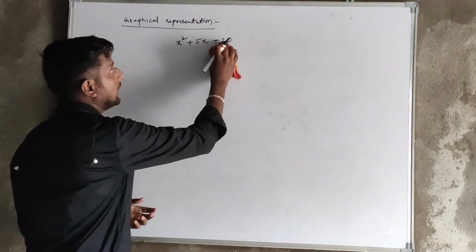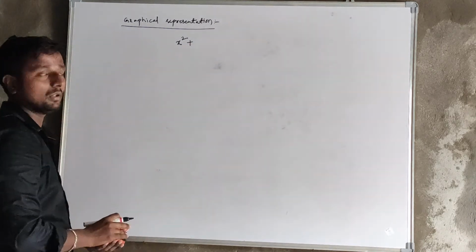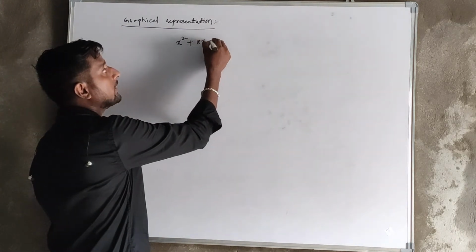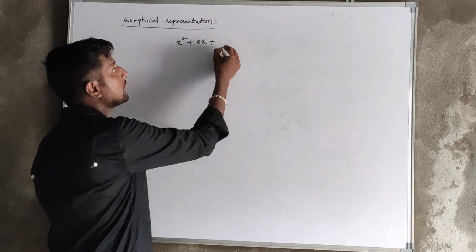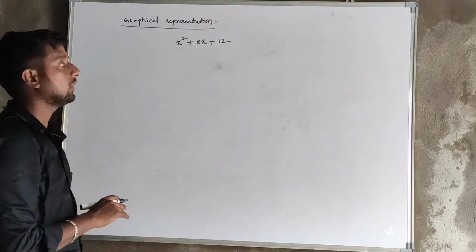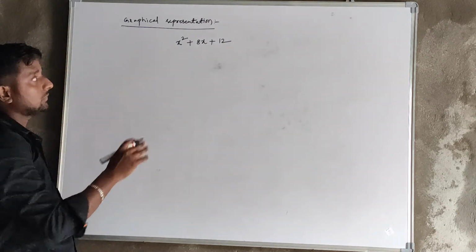Oh, it gets too long. So shall we take something simpler to understand? x square plus 8x plus 12. Okay, let it go.